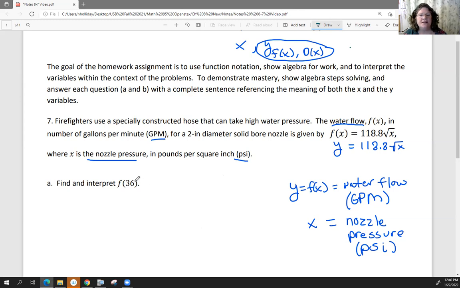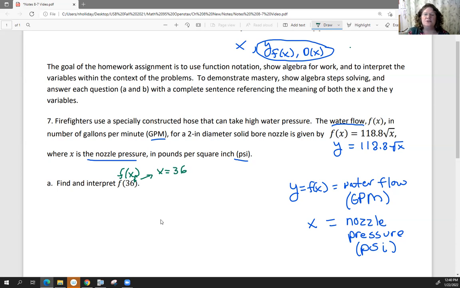So when it says find and interpret F of 36, if up above we write down the general form which they gave us, which was F of X, you can see that where the X is, they have now put in 36. And so that's the operation that it's telling you. It's really saying, when 36 is here, do this operation, let X equal 36.